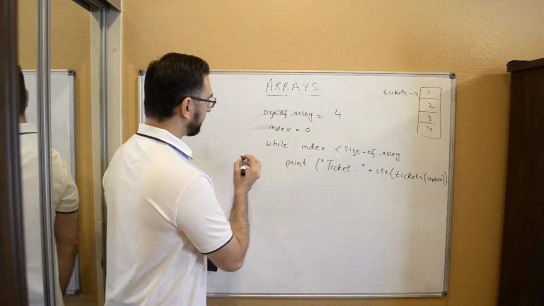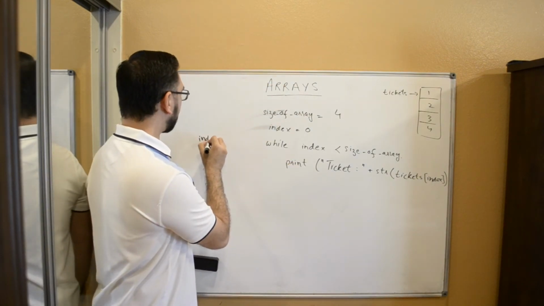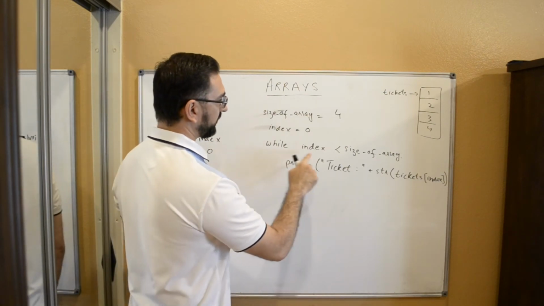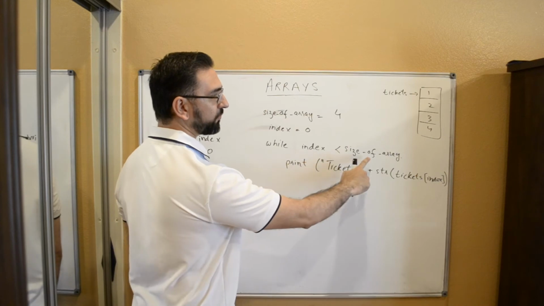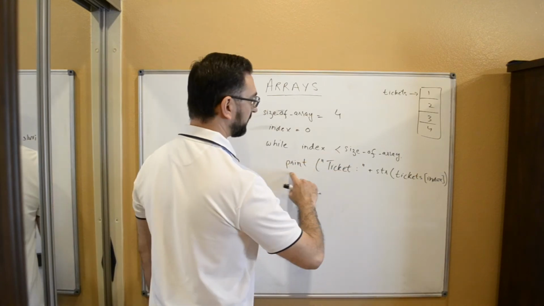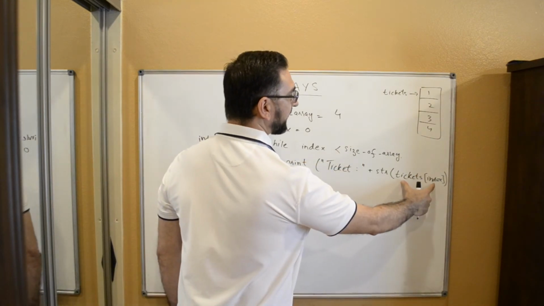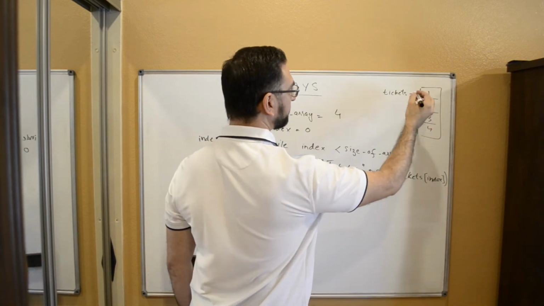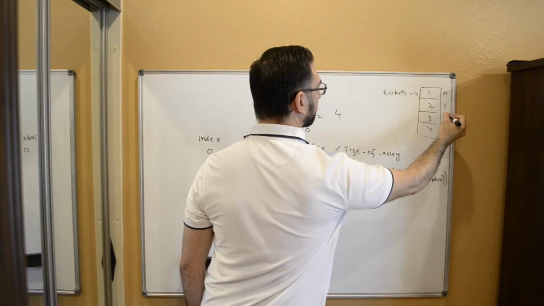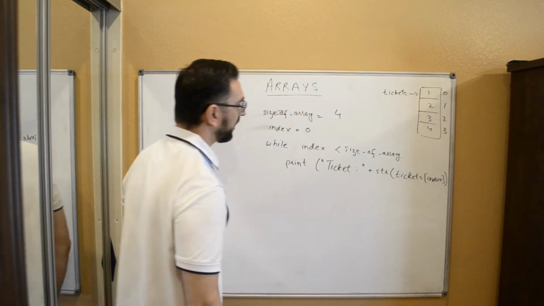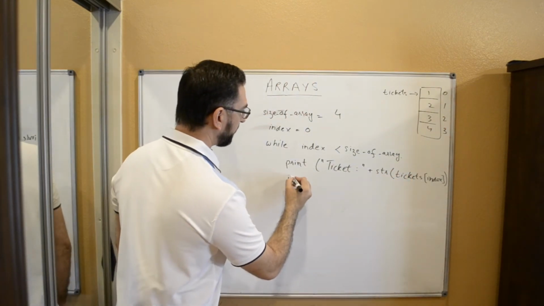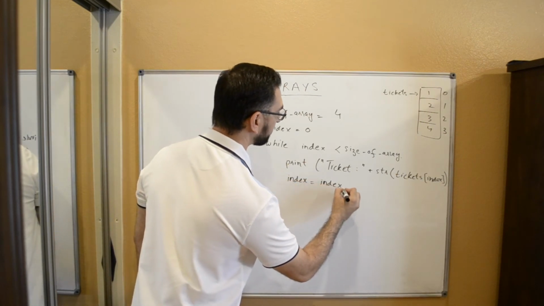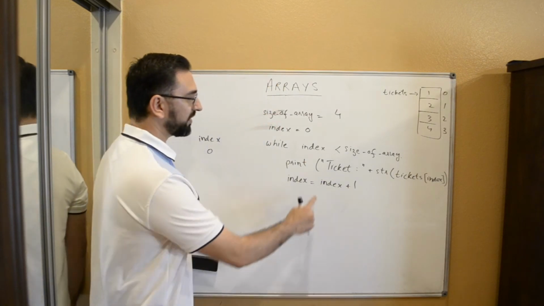Now let's say our index starting point is 0. Okay, it will go ahead, check that index is less than 4, 0 is less than 4. It will print the ticket by accessing the tickets array at index 0. Okay, so this is 0 index, 1, 2 and 3. Now over here we have to increment the index value because we have already processed that one ticket. So we increment the index by 1.